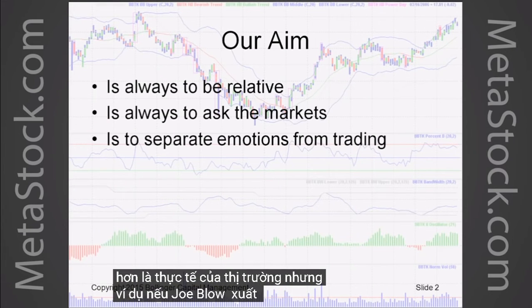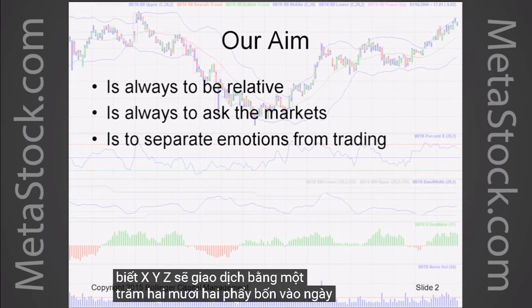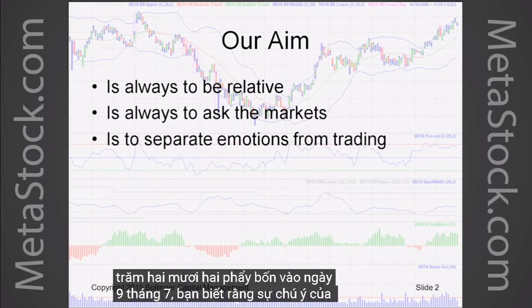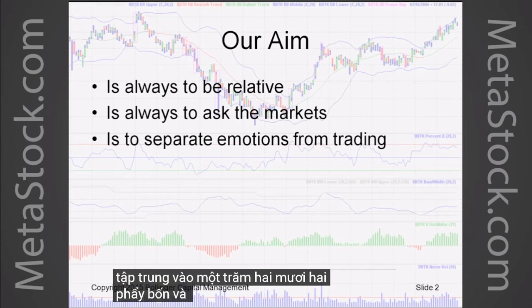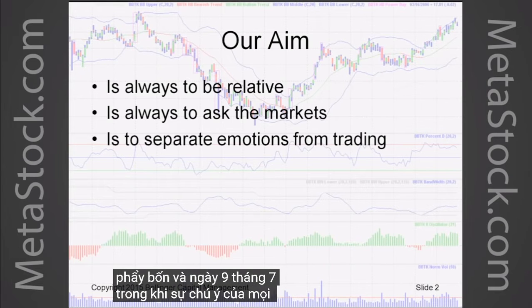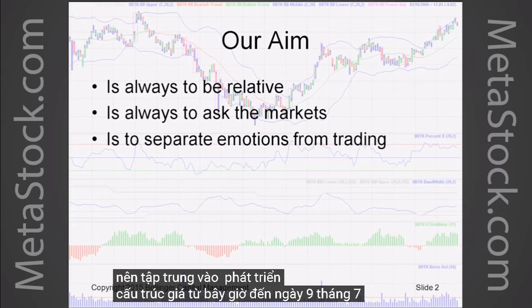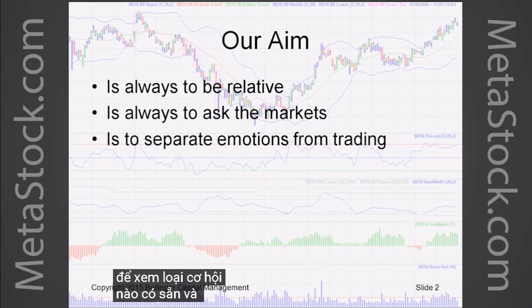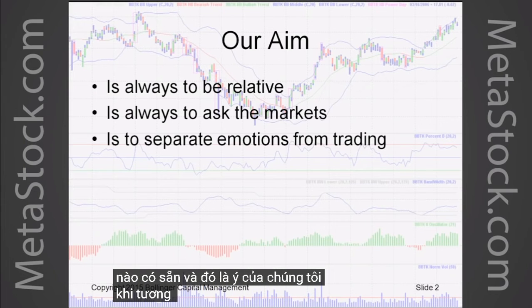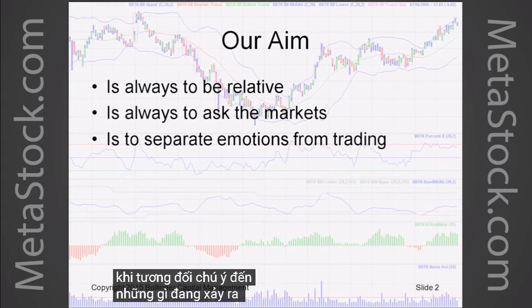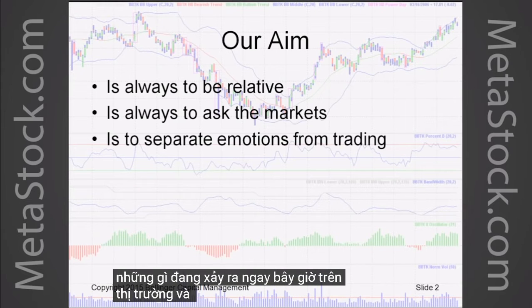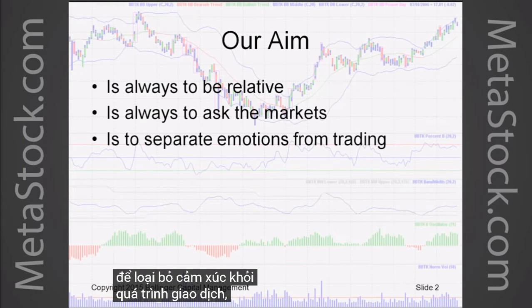For example, if Joe Blow comes out and says that XYZ is going to trade at 122.44 on July 9th, people's attention is focused on 122.44 and July 9th, whereas people's attention really should be focused on the development of the price structure between now and July 9th to see what sort of opportunities are available. And that's what we mean by being relative, paying attention to what's happening right now in the marketplace and taking that information to eliminate the emotions from the trading process.